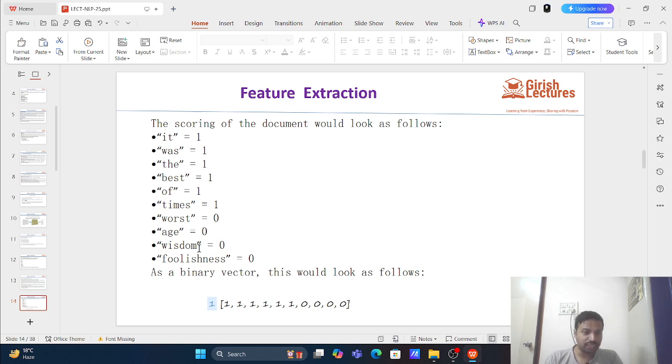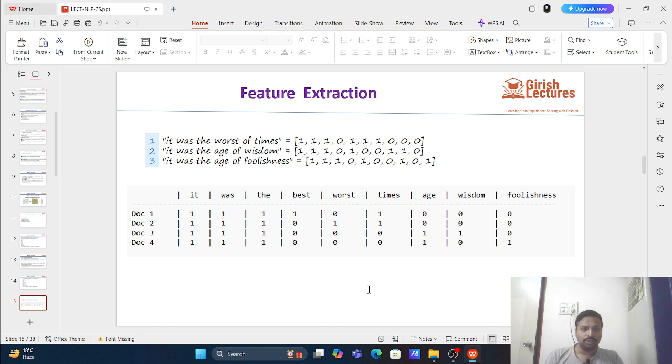As "worst", "age", "wisdom", "foolishness" are not part of the first document, we are marking them as zeros. So the vector of values can be represented in this format. Now if you consider the next 3 documents as well, this is how we can present all the vectors of data with the Boolean document model.